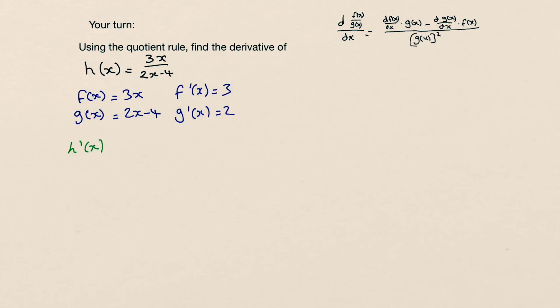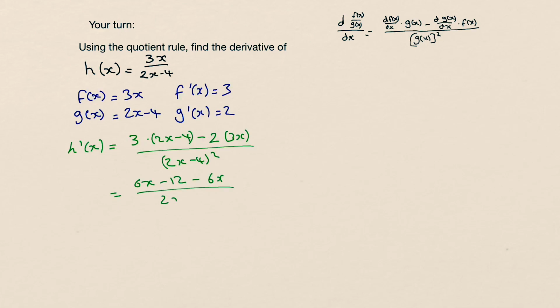So h'(x) is equal to 3 lots of (2x minus 4) minus 2 lots of 3x, all divided by (2x minus 4) squared. Expand the brackets, 6x minus 12 minus 6x, all divided by (2x minus 4) squared. We can cancel the positive and negative 6x's, so we get our answer as negative 12 over (2x minus 4) squared.